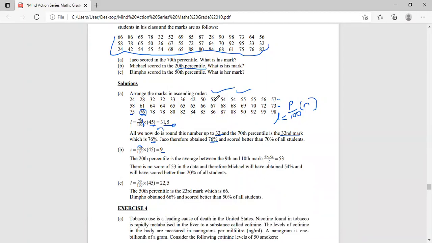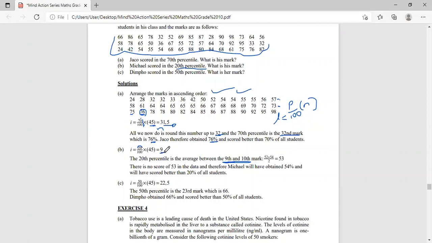And well, they're saying if this is equal to 9, they say this is between the 9th and the 10th. Well, here there's a bit of an error, actually, because we got an integer.